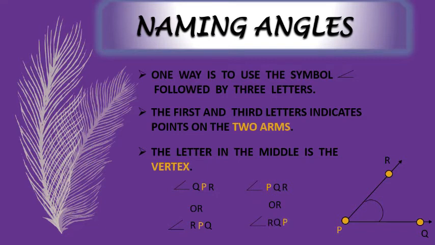Now this is wrong. Why? Because we have to write the vertex in the middle only, right? And in this figure the vertex is P. So we have to write P in the middle. We cannot write P, being the initial point, in the first position or the third position. We have to write it in the middle only. I hope you have understood how to name an angle.